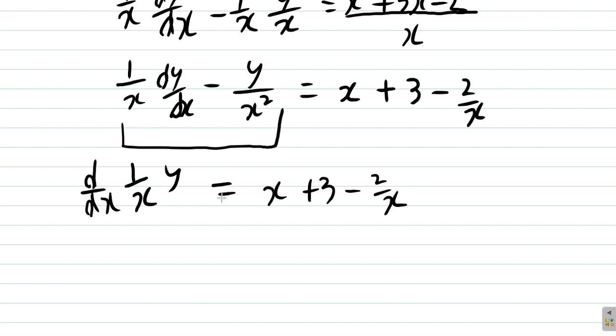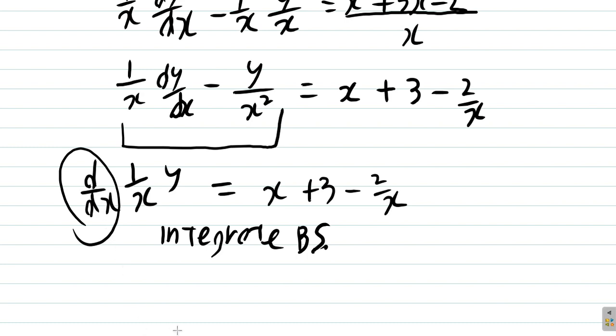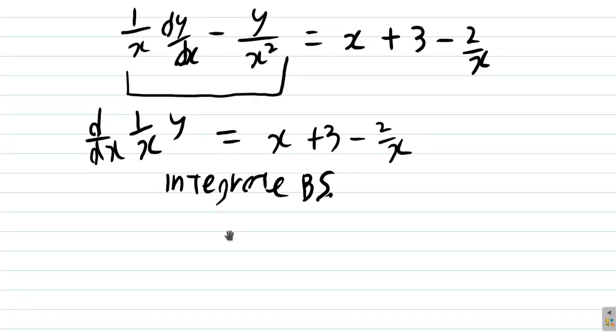The next step is, remember what to do? You integrate both sides. And of course, why you integrate is to get rid of this d by dx business here. Right? So you want x and y out by themselves. But you have a d by dx of a function of x and y. So you integrate in order to cancel out the d by dx, the derivative.